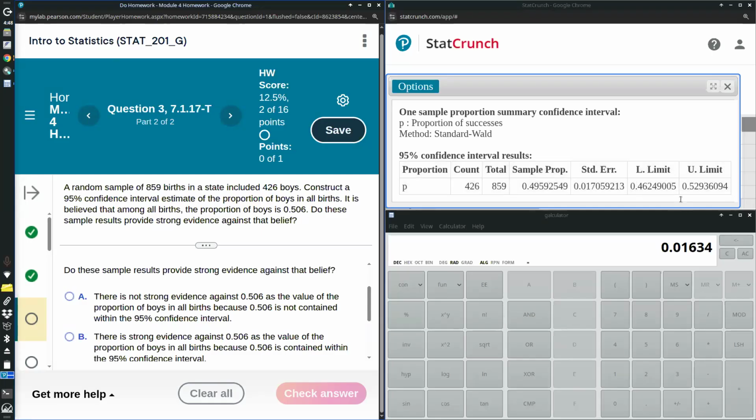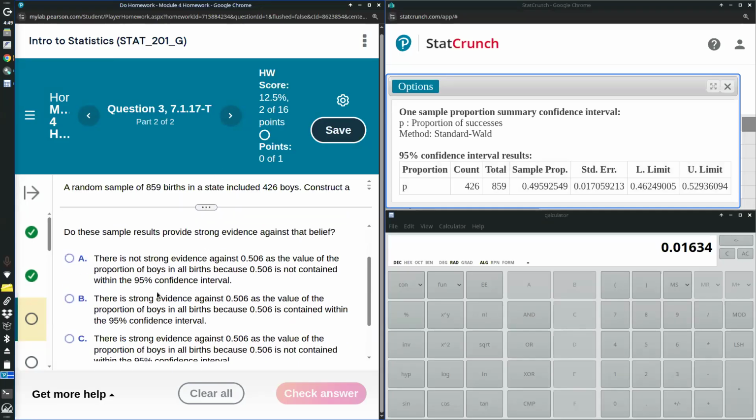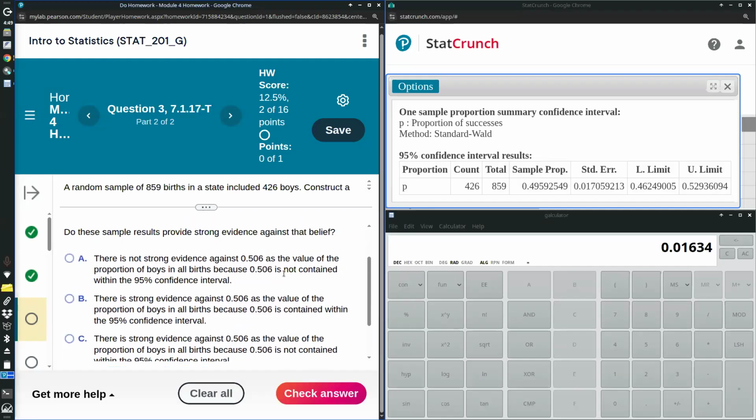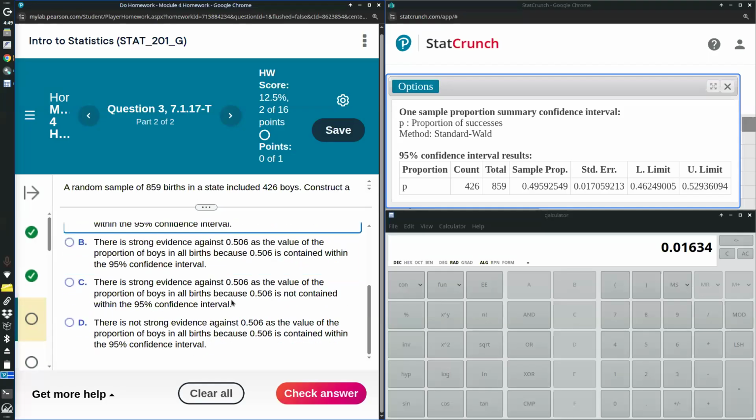So 0.506 is between 0.462 and 0.529. So this is totally normal. So that means there's not going to be strong evidence. So amongst the answers, it would be the not strong evidence answer. And it is contained in the interval. Notice A says it's not contained, but it is contained because this number is between your lower limit and your upper limit.